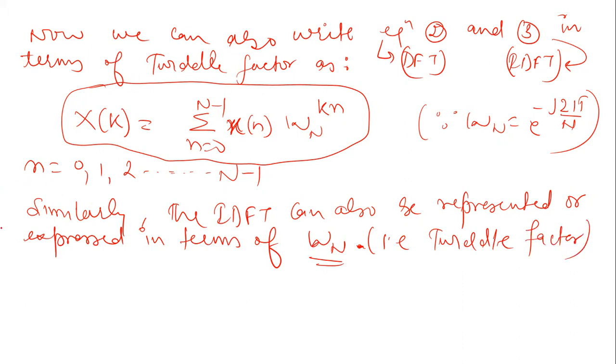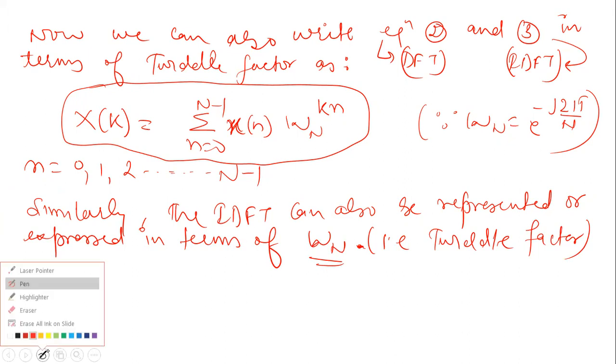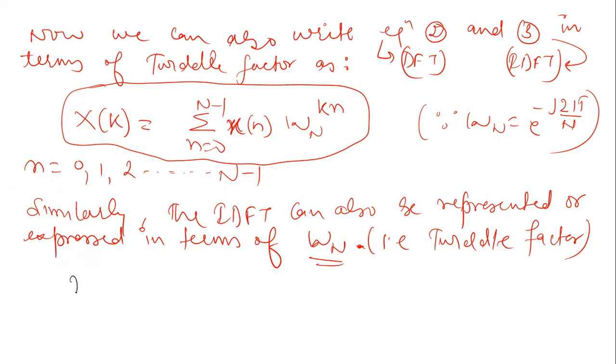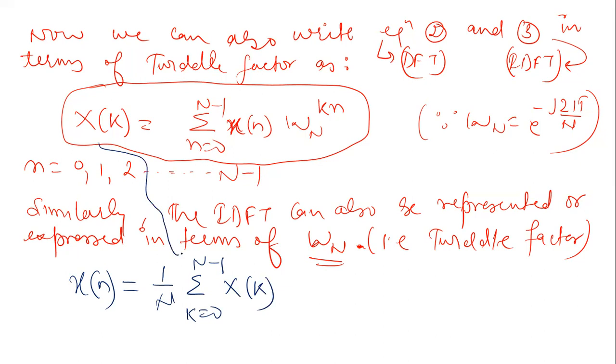So what will this equation be? x(n), because IDFT is being used to find out x(n) from the DFT, is 1 by N summation from k is equal to 0 to N minus 1 X(k) W_N^(-kn), right?